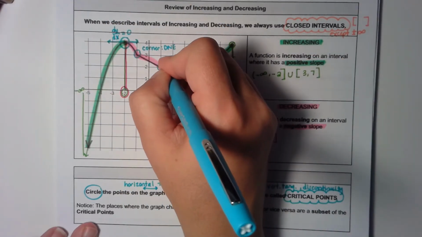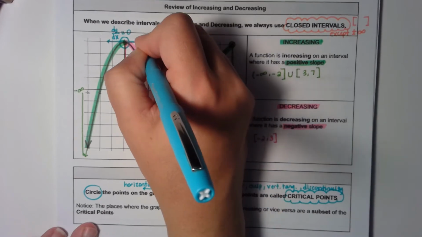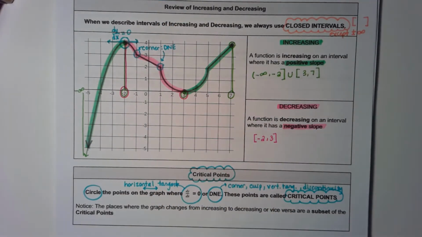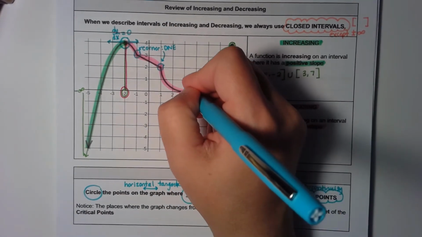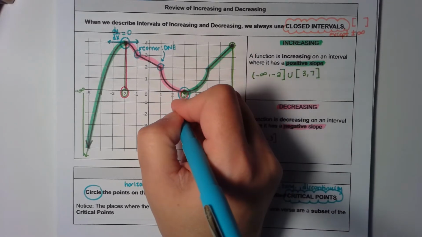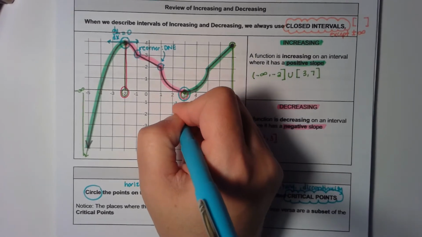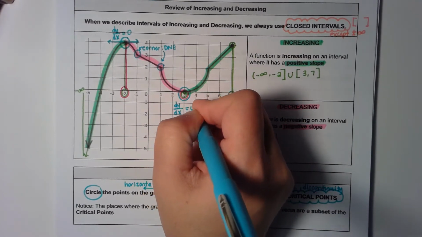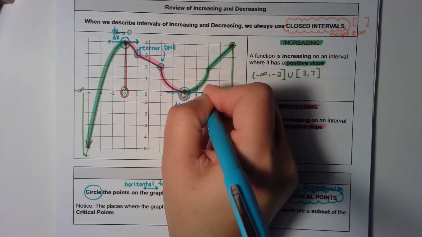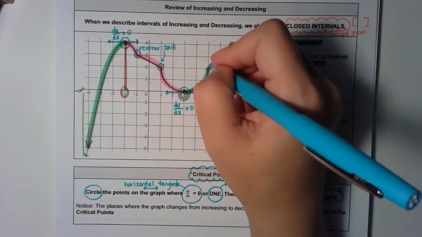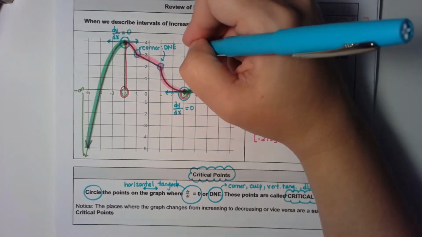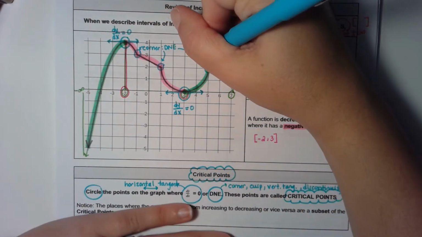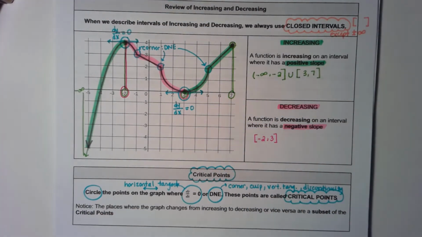There would be a corner right here, so the derivative would not exist. There would be a slope of 0 right here because the tangent line would be horizontal right here at the bottom. And there would be a derivative that doesn't exist right here because, again, there's a corner, so the derivative doesn't exist.